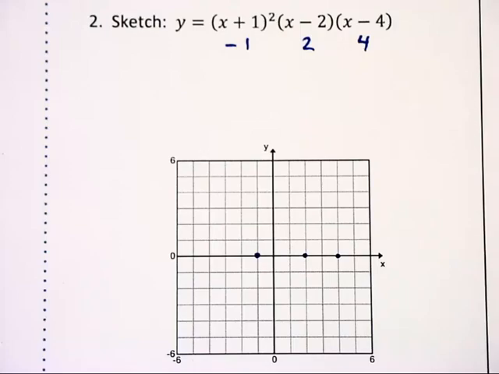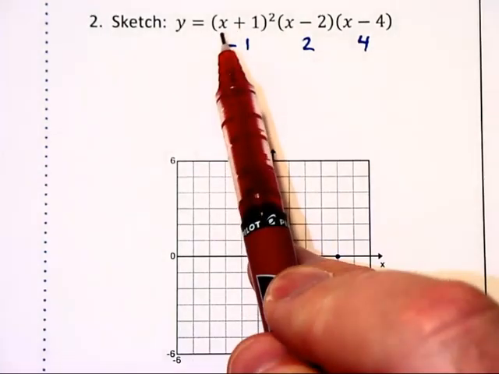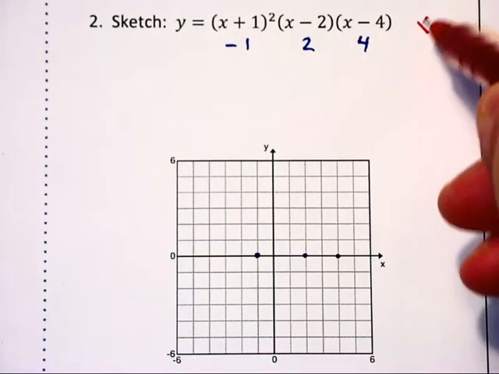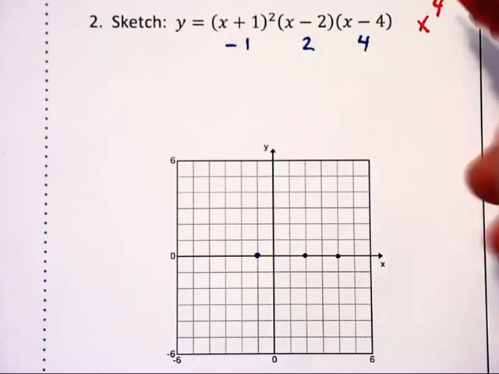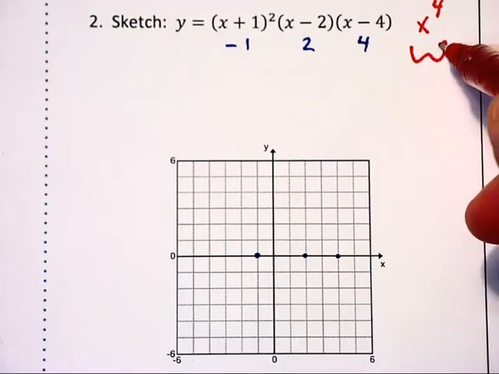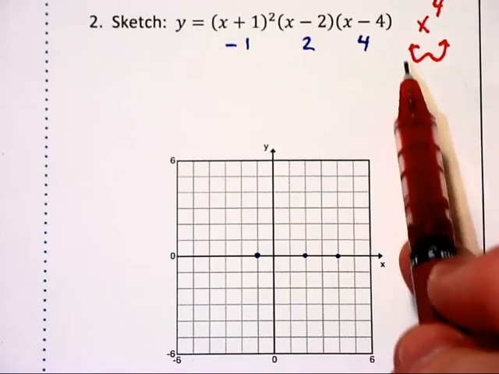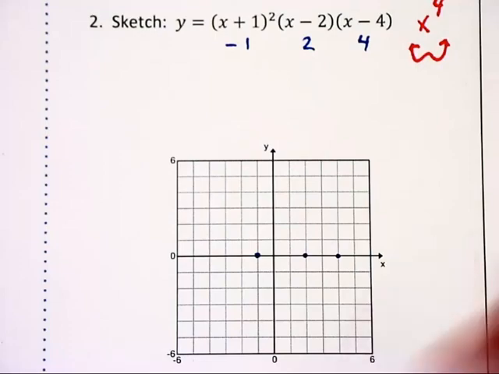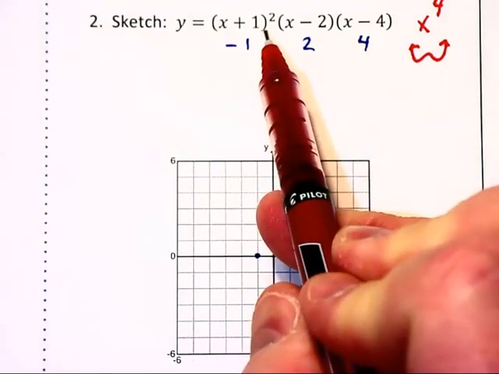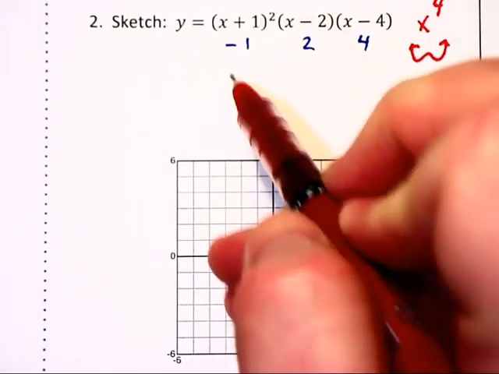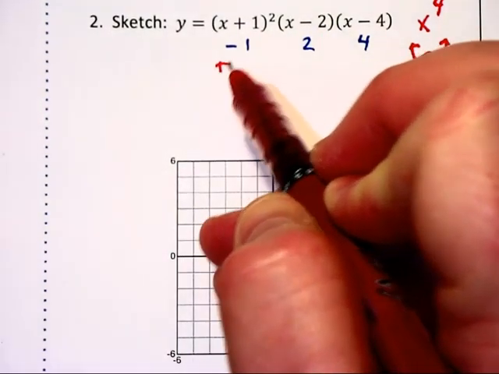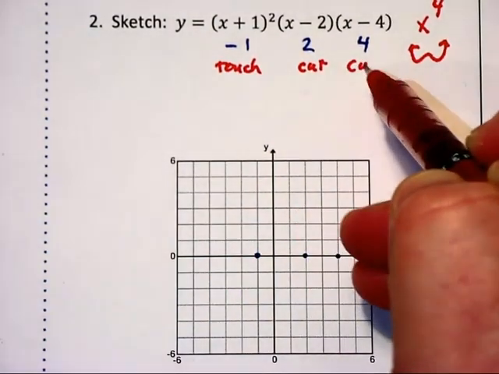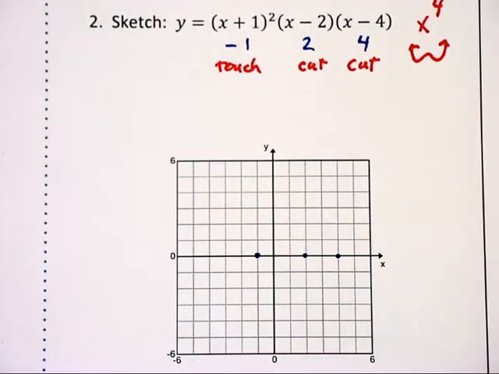If we were to multiply all of this out, there would be an x squared in the first parentheses times another x, and so this would be an x to the 4th function with a positive leading coefficient, which tells us that this graph is going to have a W sort of shape, with both ends pointing upward because it's an even degree function with a positive leading coefficient. Now, -1 has an even multiplicity, and because of that it tells us the graph is just going to touch the axis there, whereas opposed to the other two x-intercepts, they will cut through the axis.